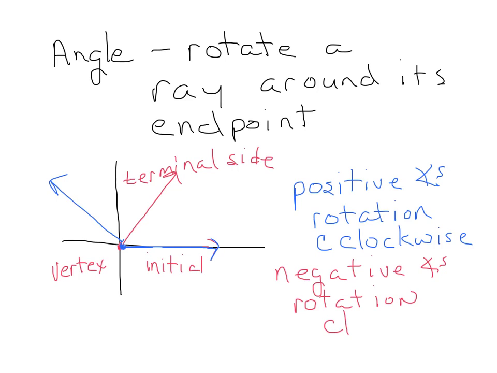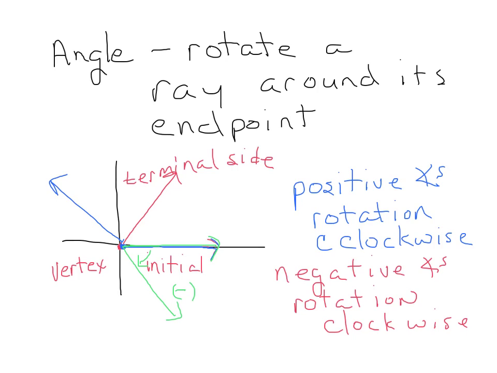An example of a negative angle, we'll do it in green, might be like this. If we start at the initial side and go in a clockwise motion, those are considered to be negative angles. I don't think we use these in geometry, but these are different ways that angles can be labeled.